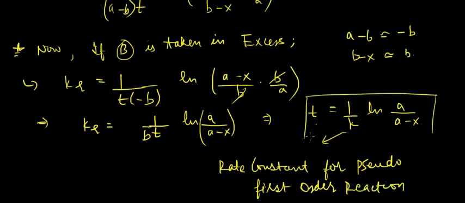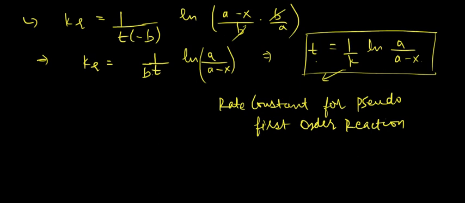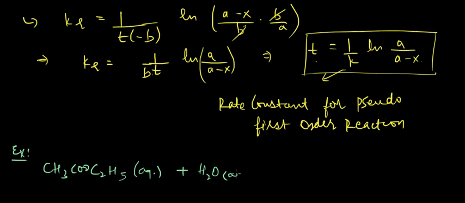Okay, now let us see an example. We have CH3C double bond O C2H5 aqueous plus H2O aqueous.